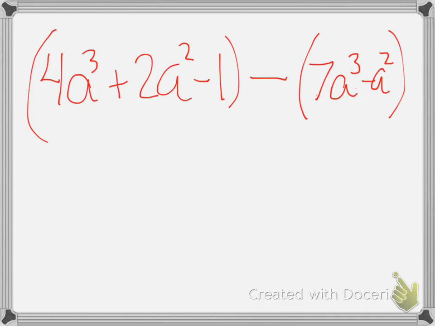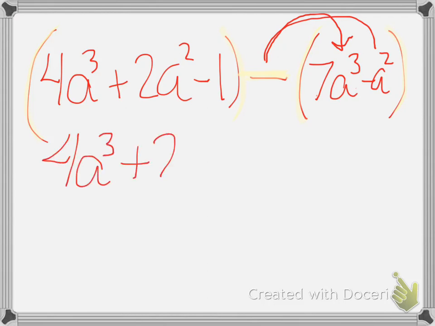Since this is subtraction right here, and these parentheses are here, you have to pay attention to that. With addition, it didn't matter. We could just take the parentheses out. But with subtraction, you're subtracting the 7a cubed, plus you're subtracting this minus a squared. So if you write it without the parentheses, that's the best way to start.